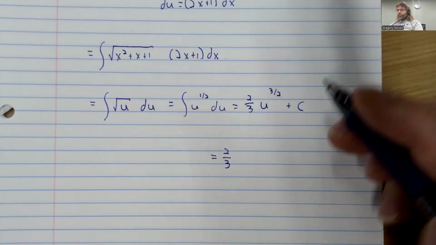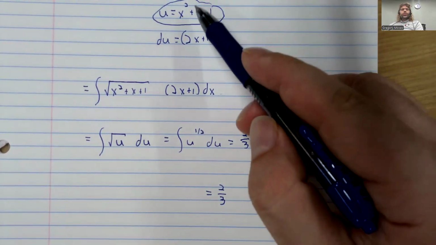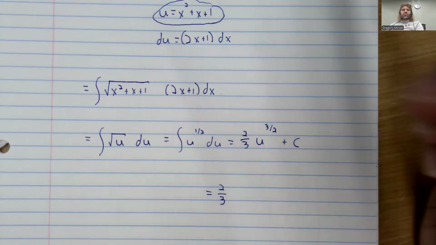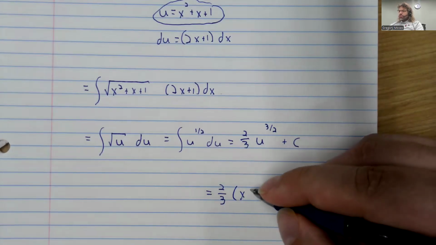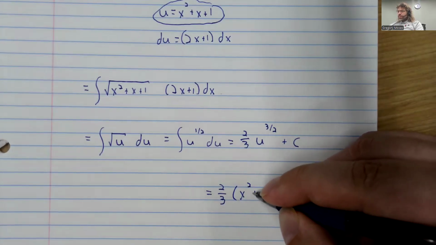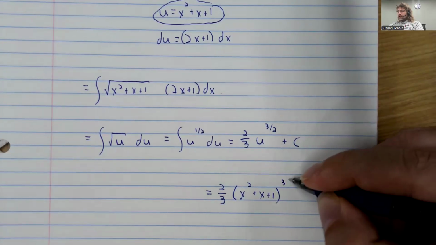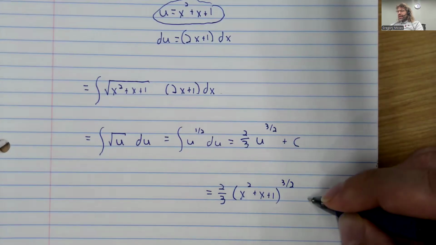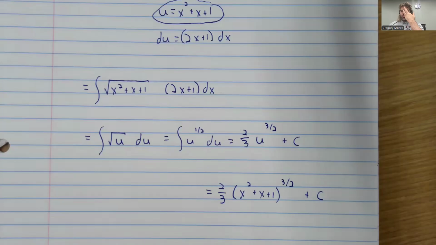And now we've got 2/3 u to the 3/2. But u is x squared plus x plus 1. So that's 2/3 times x squared plus x plus 1 to the 3/2 plus our constant of integration. And we have taken the integral successfully.